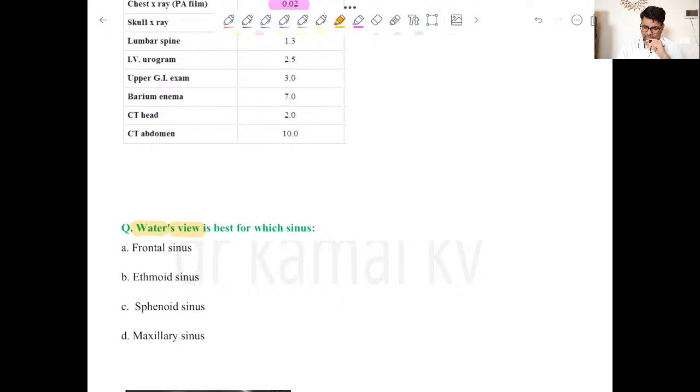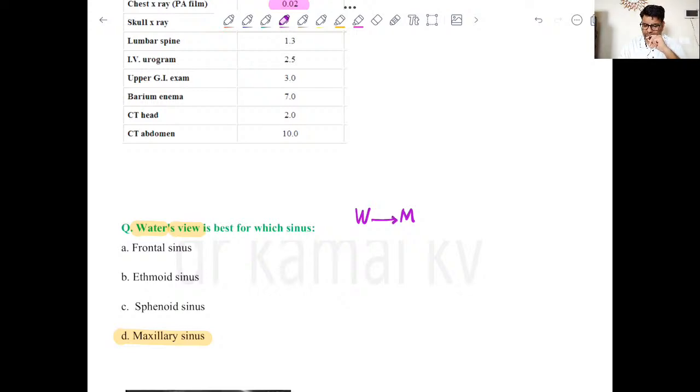In Waters' view, it is the best view for maxillary sinus. And here you should remember one more thing. Yes, water, you can just reverse it and it will become M. Very good. Yes, Ishan, maxillary.